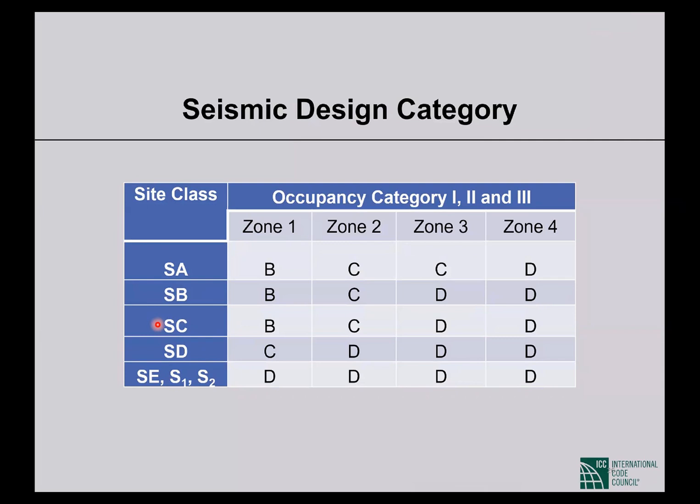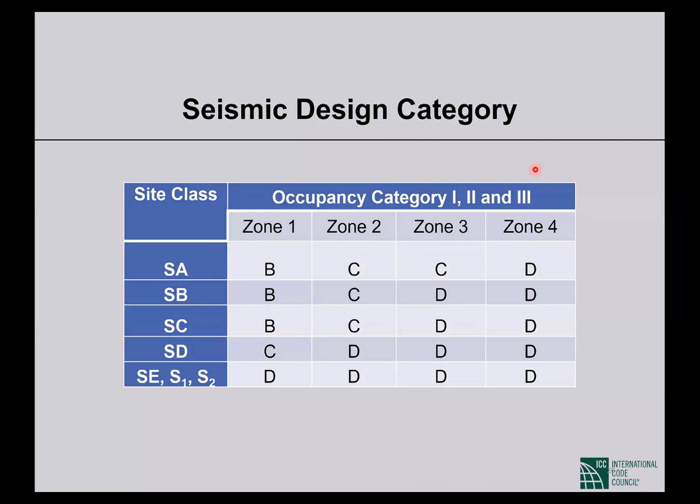Now, this is very important: seismic design category. This is a new concept. Previously, in the previous version of the code, we were free to choose whether to design a structure as an ordinary moment frame, an intermediate moment frame, or a special moment frame.